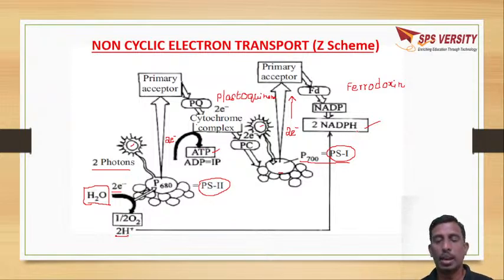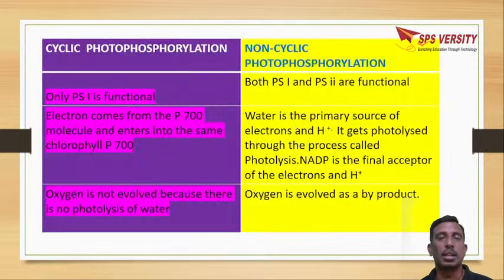So this is what happens in non-cyclic electron transport. Non-cyclic means electrons will not reach the same starting point again. Electrons in one direction reach finally NADP. This is called non-cyclic.